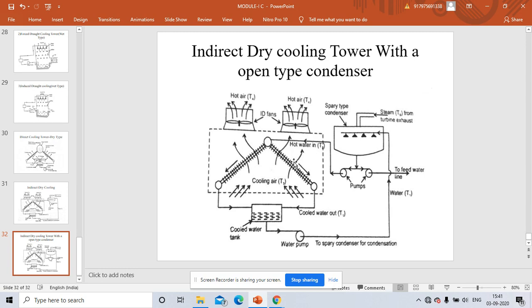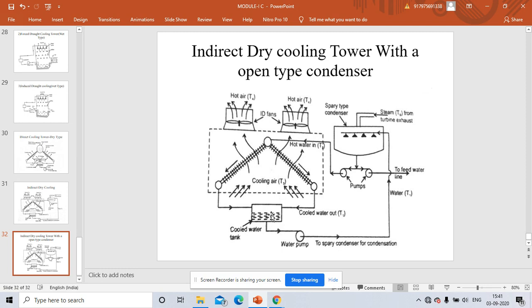When the water is passing through, the induced fans will draw the air from this side. That air will absorb the heat while passing through the induced draft fans, and because of that heat transfer, the hot water will get cooled.